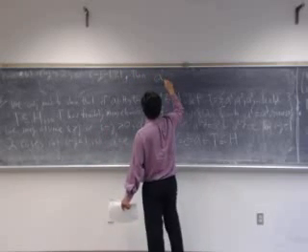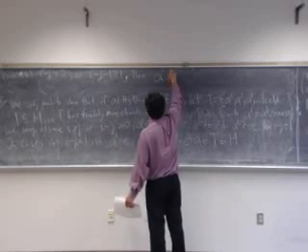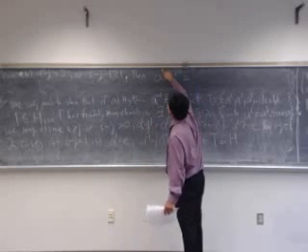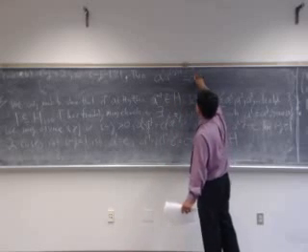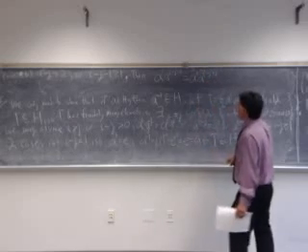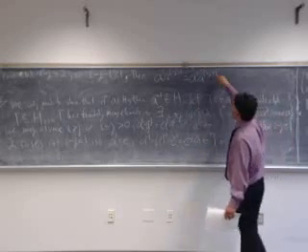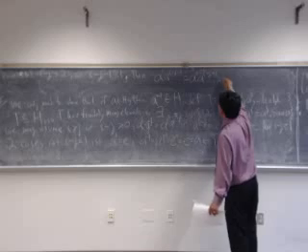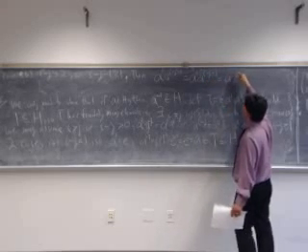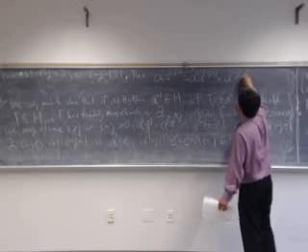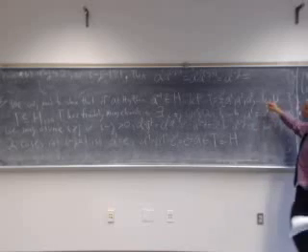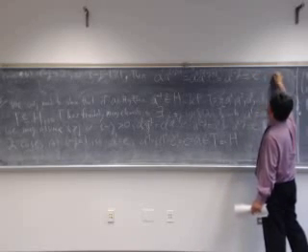If we look at a times a to the i minus j minus 1, that's the same as a to the 1 times a to the i minus j minus 1. So adding up the exponents, that's just equal to a to the i minus j, which remember, we were able to show is equal to e.